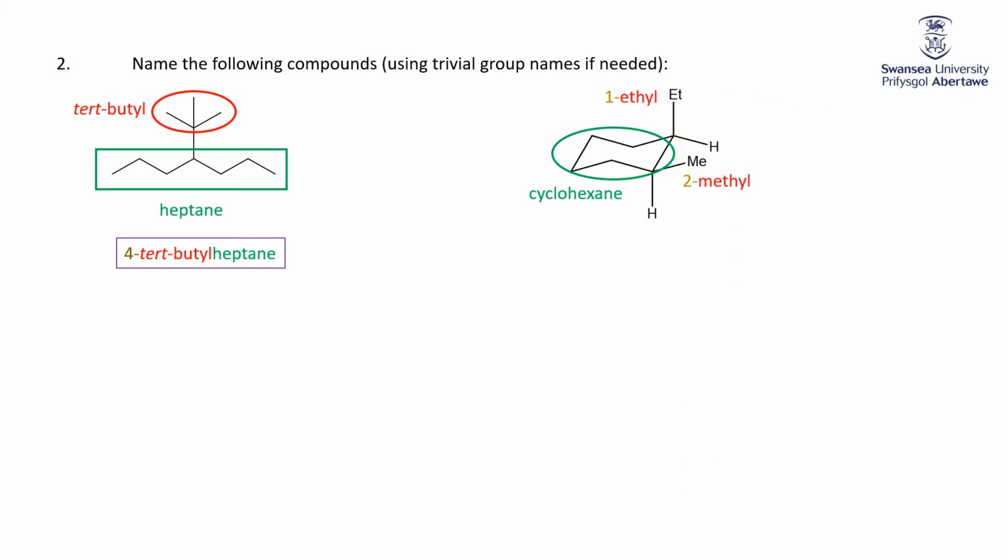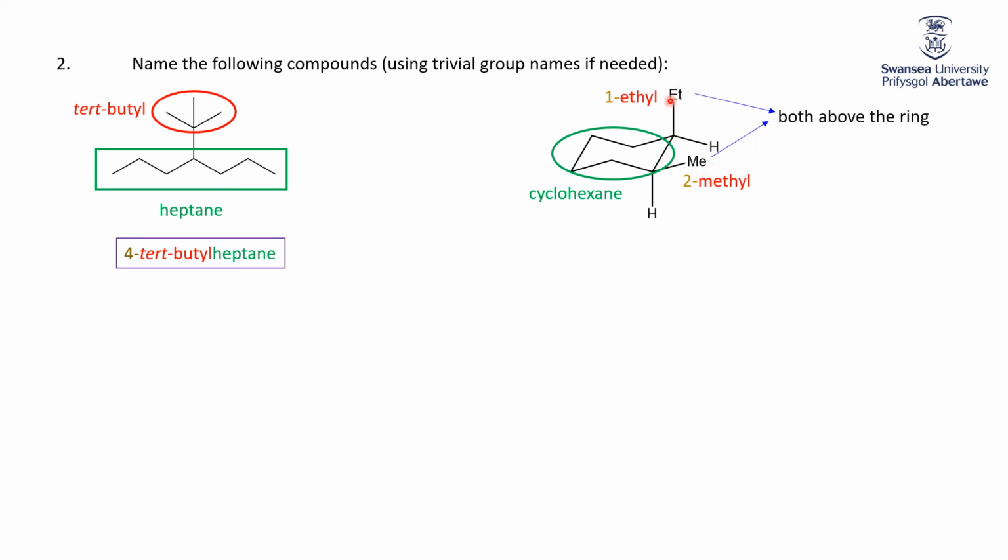Now, that would be as far as you would go with A level, but of course we know that because you can't just rotate at will around bonds in a ring, these actually have geometric isomers based on whether these groups are on the same side or opposite sides of the ring. Now, when we look at this particular ring here, we see that both of them are above the ring.